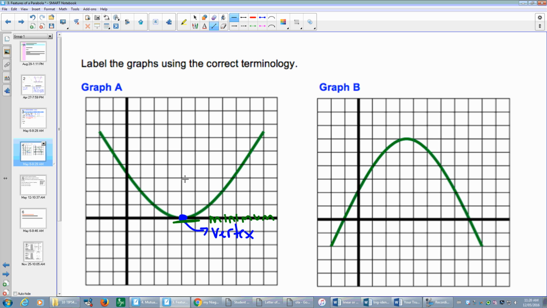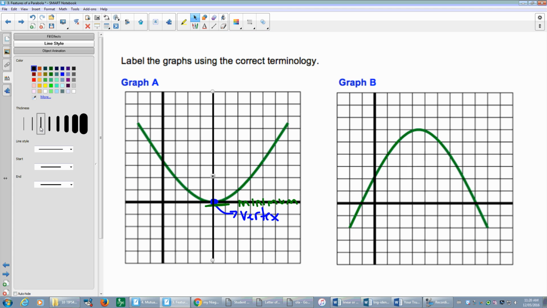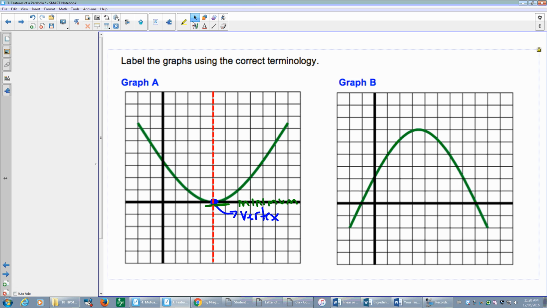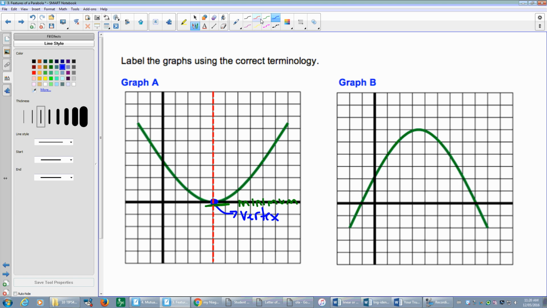It's a vertical line, so vertical goes up and down, and it passes through my vertex. So I'm just going to kind of color code this. There is my vertex. Or sorry, not my vertex. It's a vertical line that passes through my vertex.